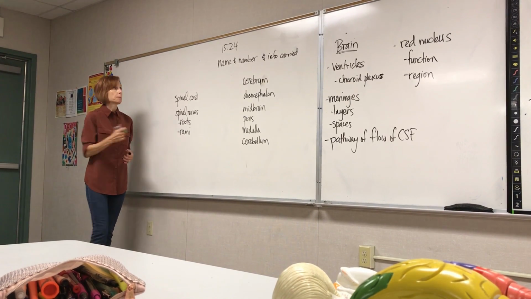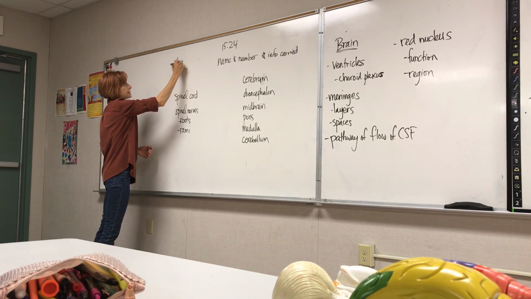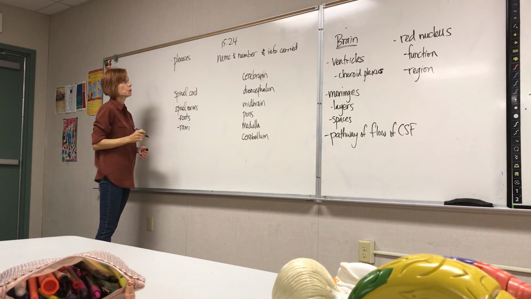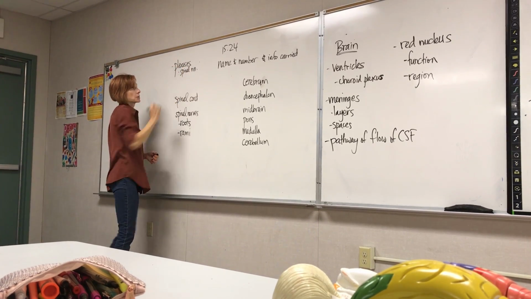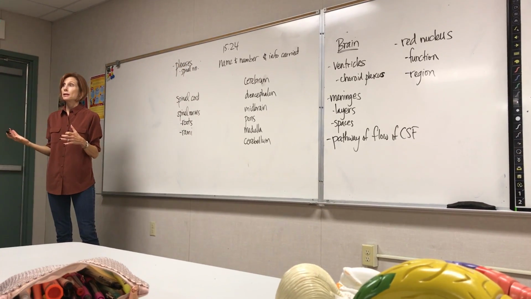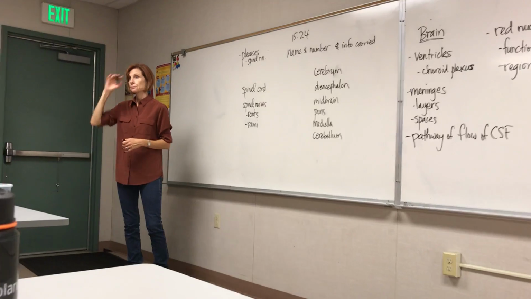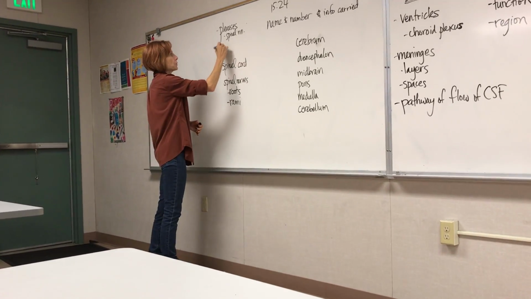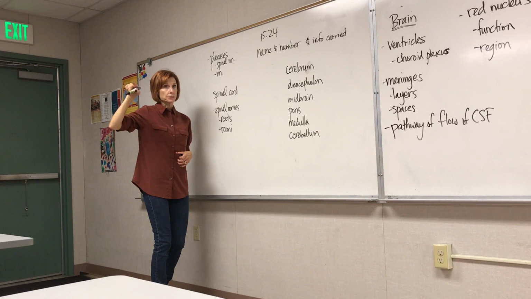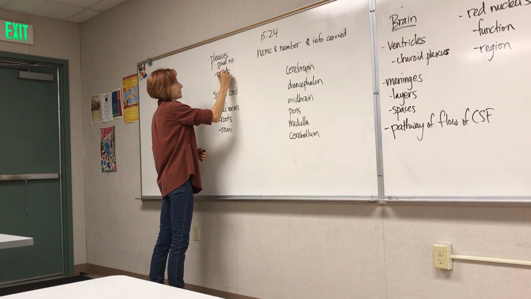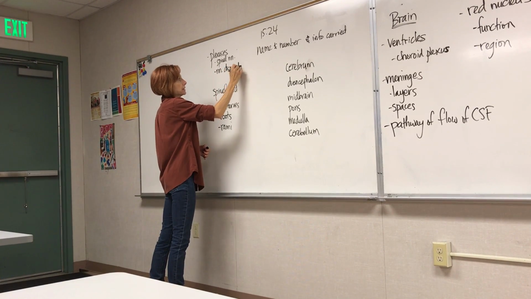Okay, and then we talked about the plexuses. For each plexus, you want to know the spinal nerves that form the plexus. Okay, like for instance, a cervical is C1 through C4. Okay, and you want to know the nerves that we talked about. So let's just say nerves discussed in class.